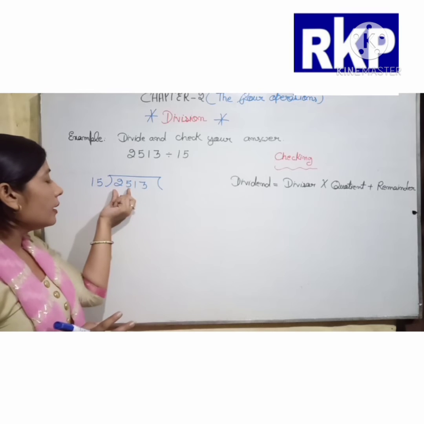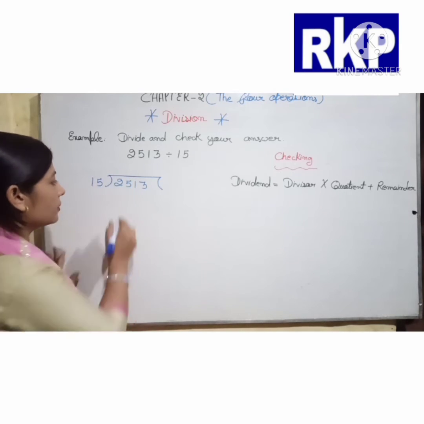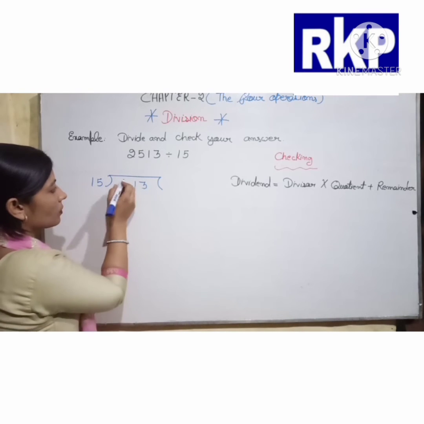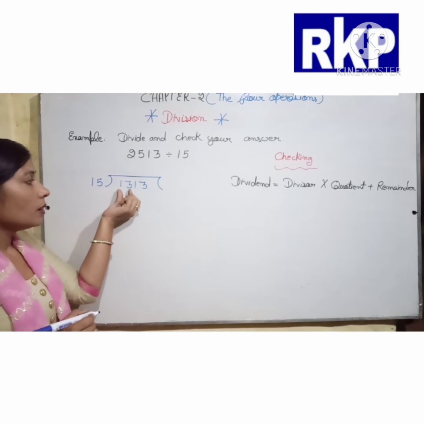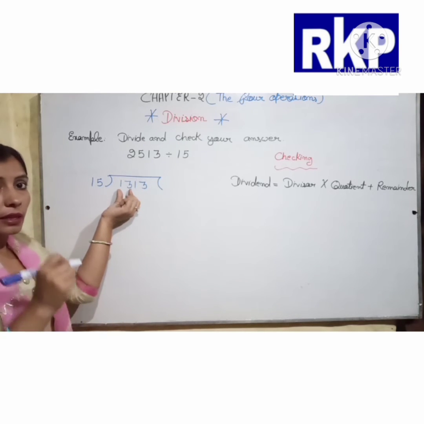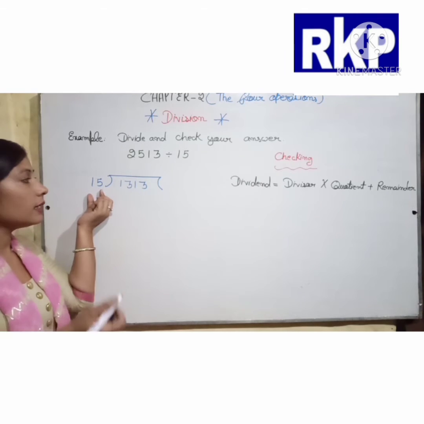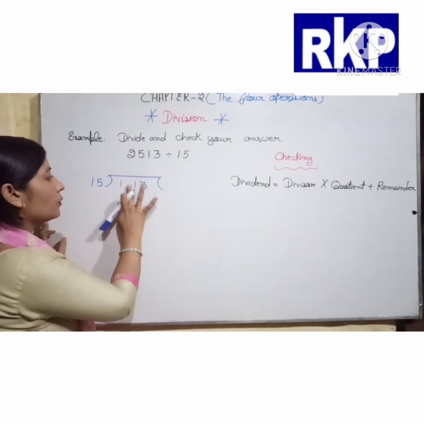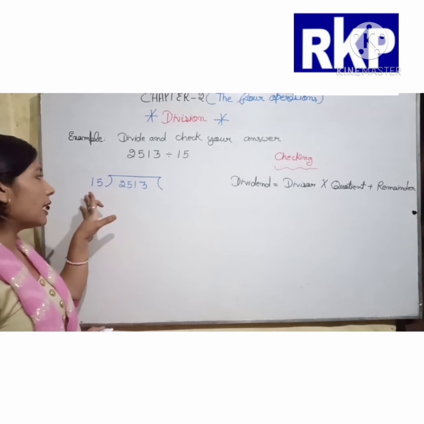Okay. And here we have 25. But suppose here we had only this 13. Okay, but here we can see, beta, 13 is smaller than 15, so we can take one more digit. But here we already have 25, which is greater than 15.